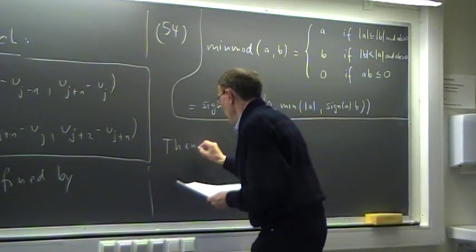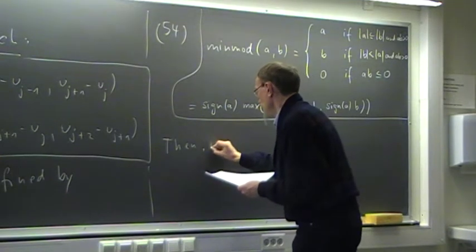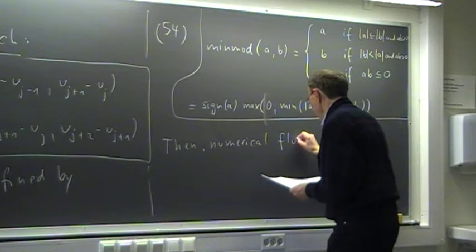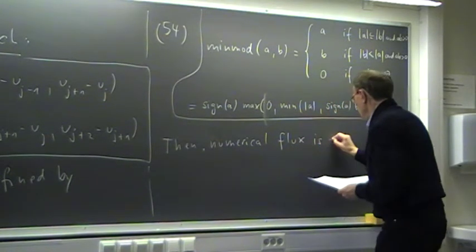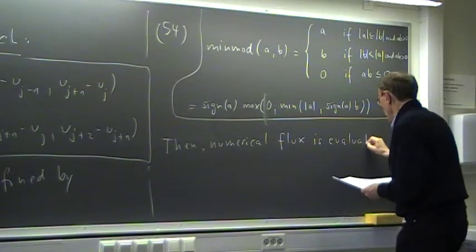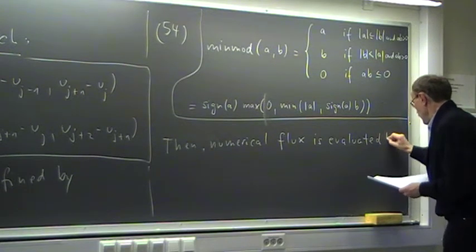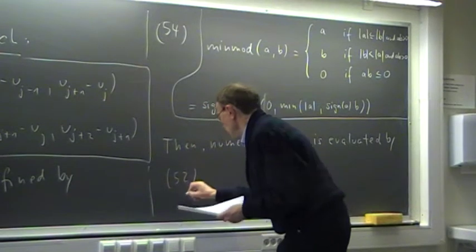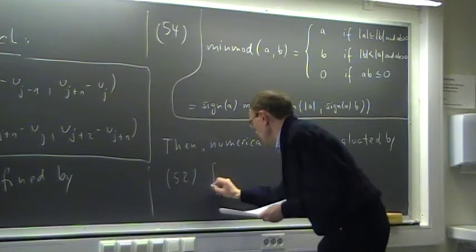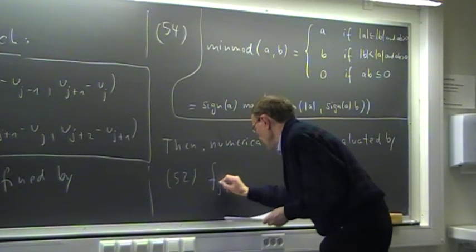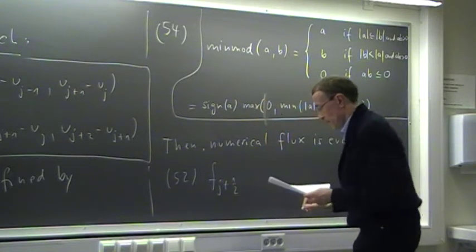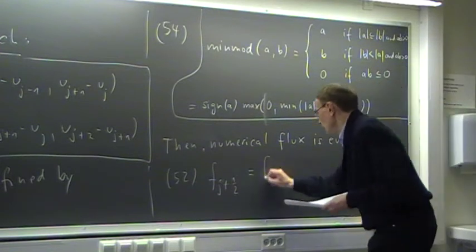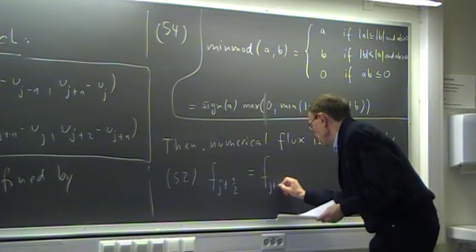So then the numerical flux is evaluated by, and that we had before, as the previous number, the f_{j+1/2}, that is our flux function of the first order TVD method, and that is a function of two variables.